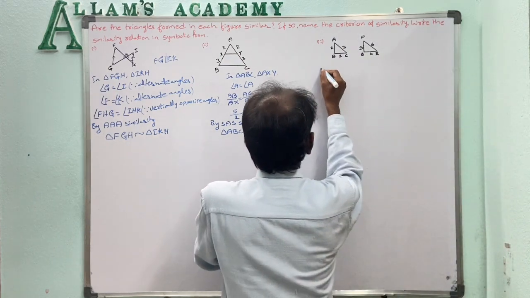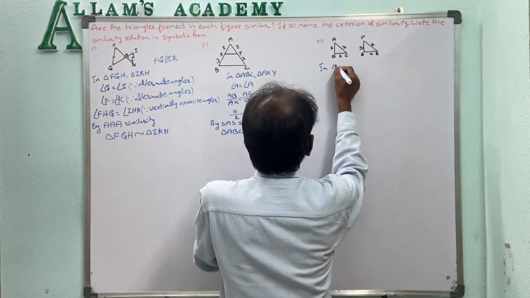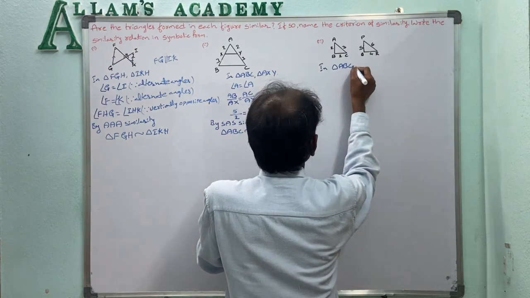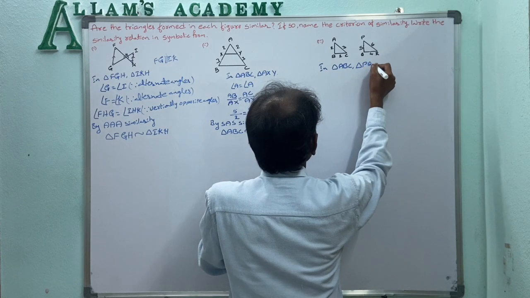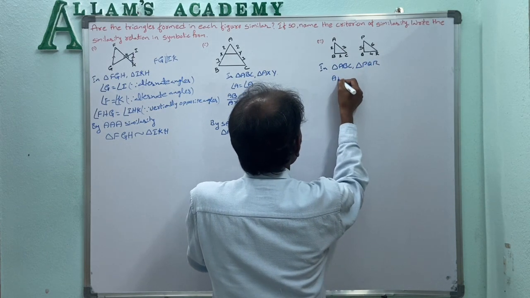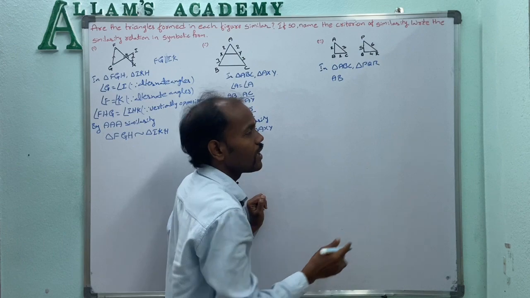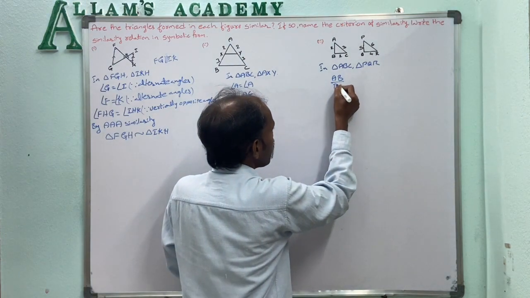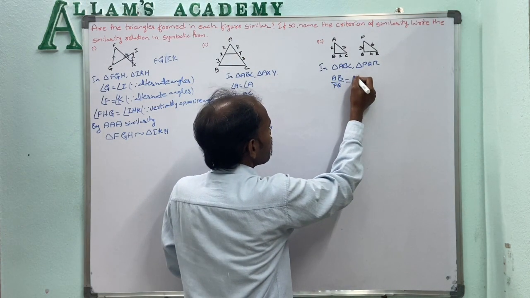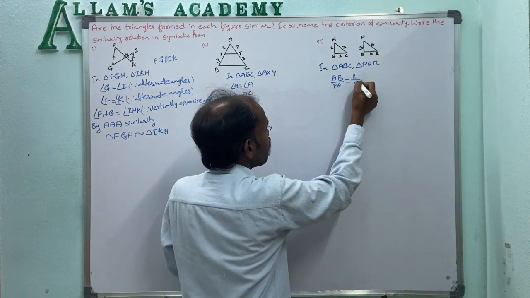Now checking the sides' ratios in triangle ABC and triangle PQR, AB's corresponding side is PQ. So AB by PQ equals 2 by 5.